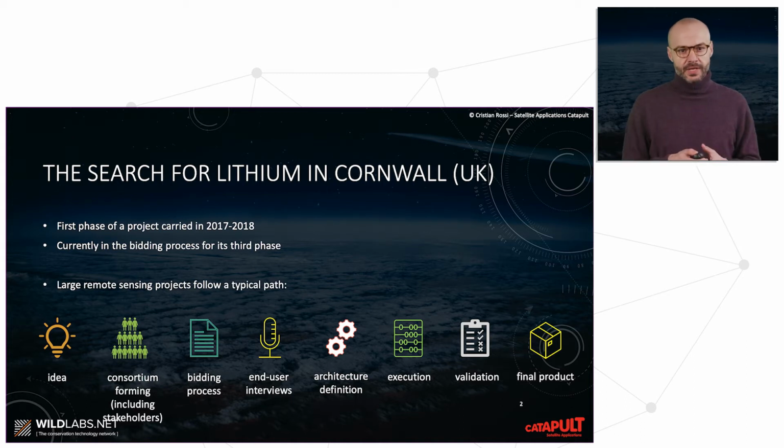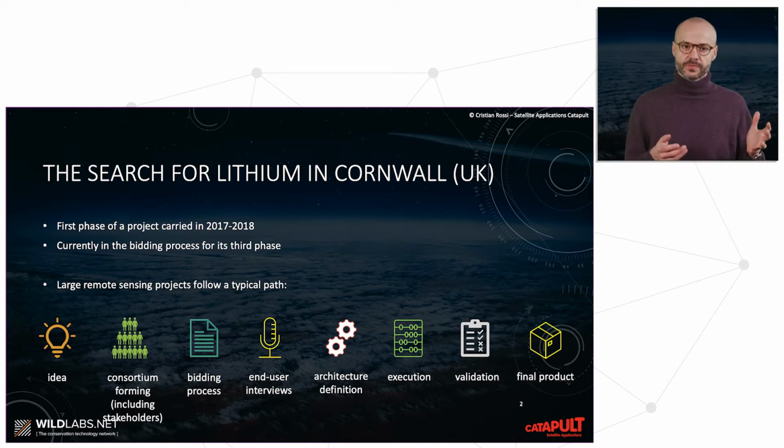Once we got the idea, the second part is typically forming a consortium. The consortium is clearly composed by whoever had the idea. That can be an individual, a group of individuals from one organization, or more than one organization, but also other partners such as stakeholders.